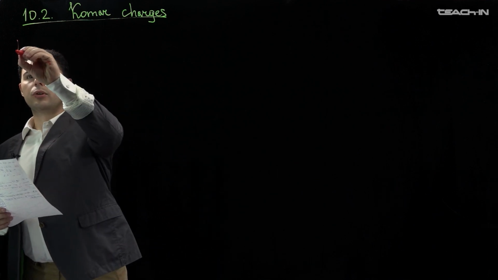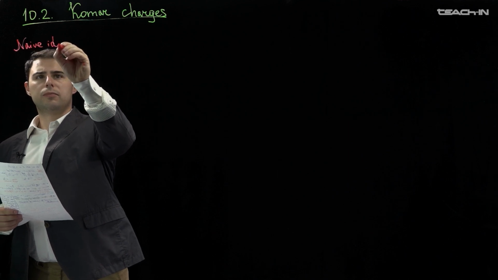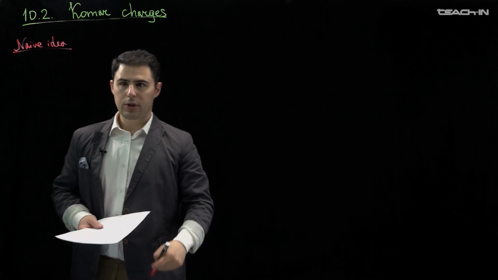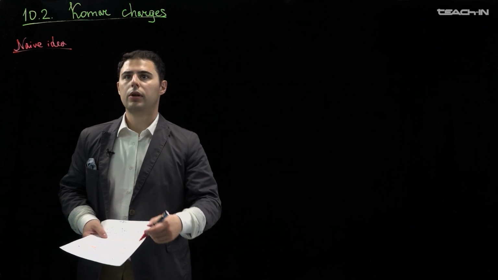So first of all, we can follow the rather naive idea of taking the conserved current to be the Killing vector field itself.